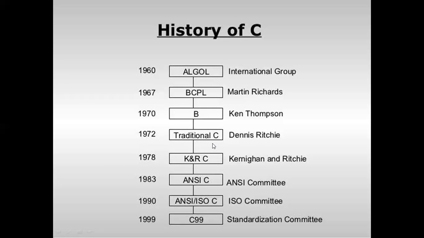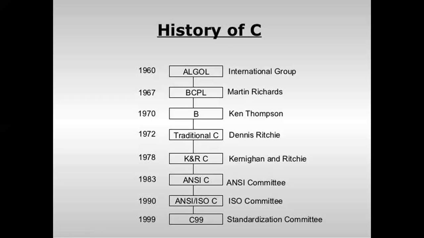And then in 1978, K&R C, which was developed by Kernighan and Ritchie. Both of them worked on this language, and then it was again modified into ANSI C by the ANSI committee in the year 1983.